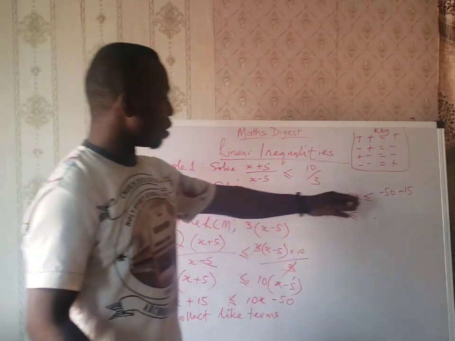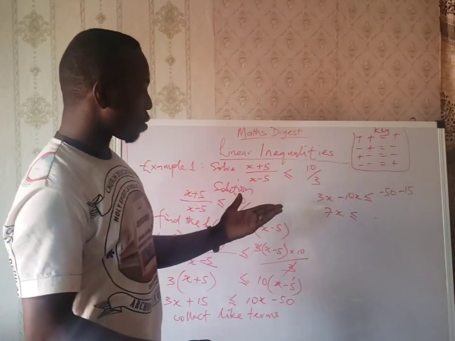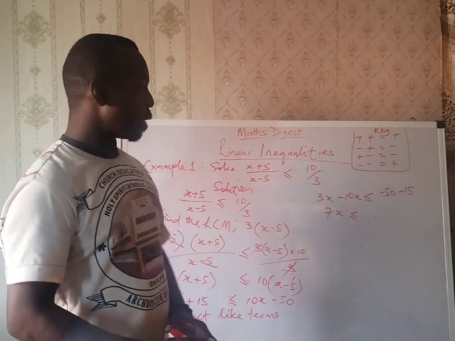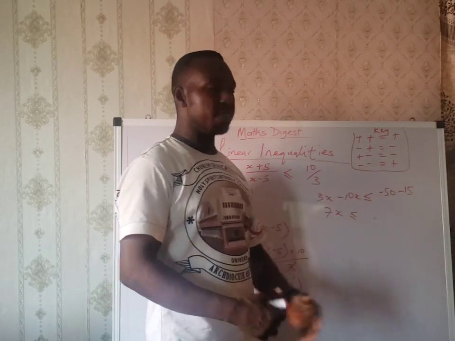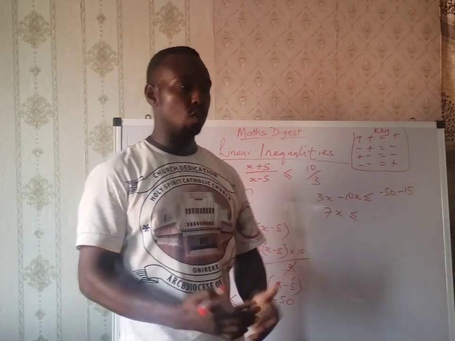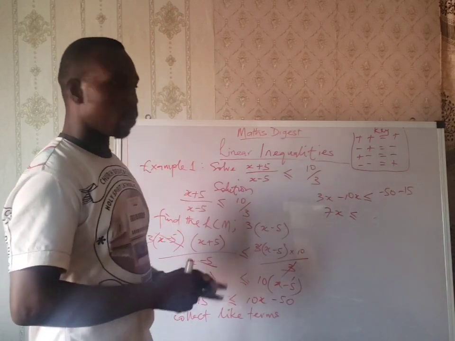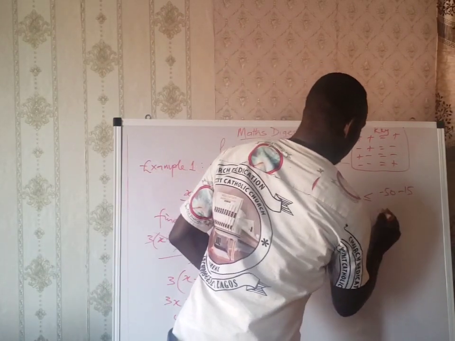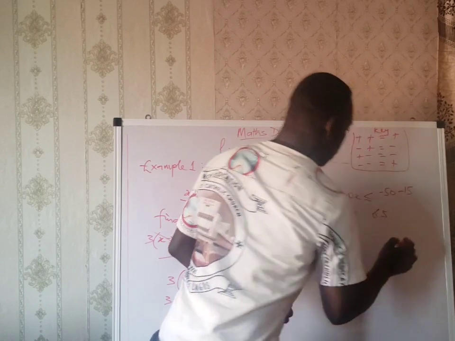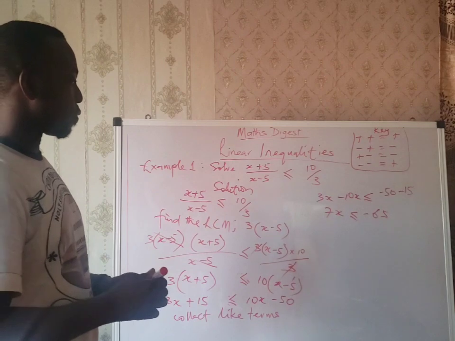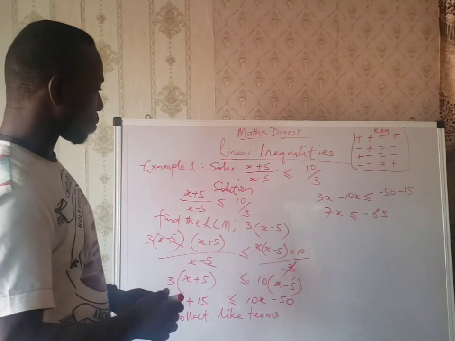Now, coming to this, we have minus 50 minus 15, meaning that I'm owing maybe $50 and I'm also owing a second person $15. So when you add the two of them together, we have 65 with a negative sign.